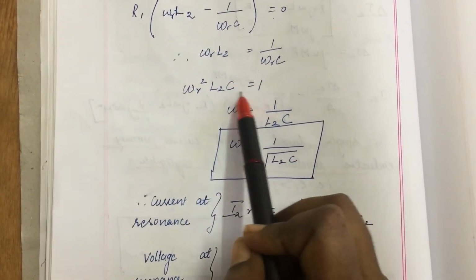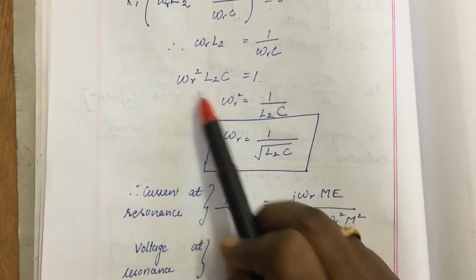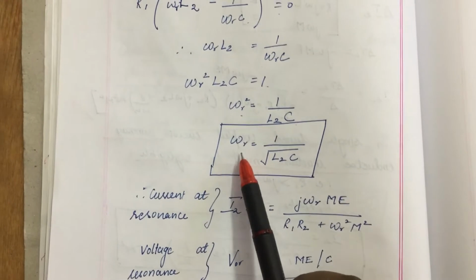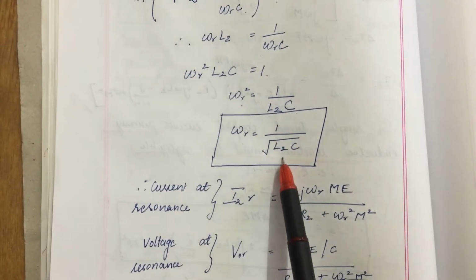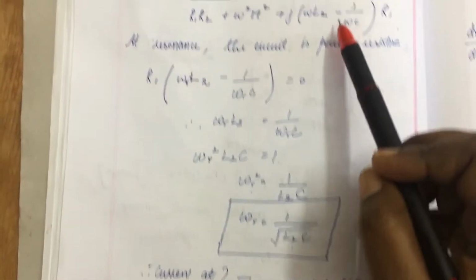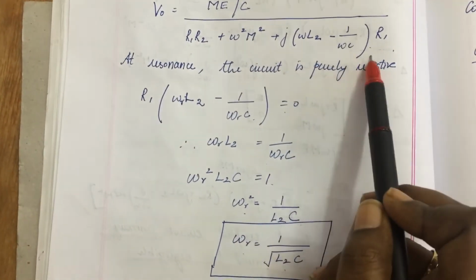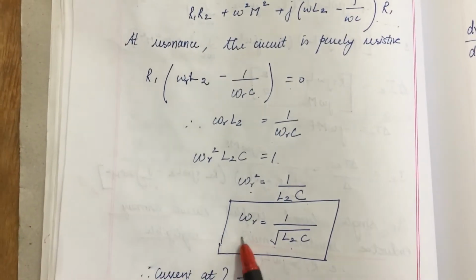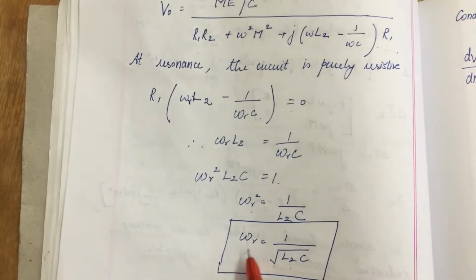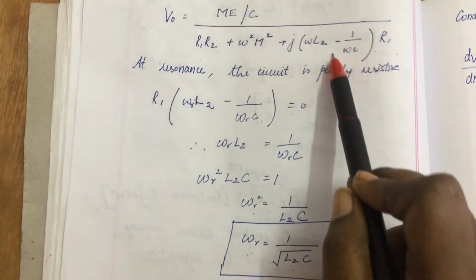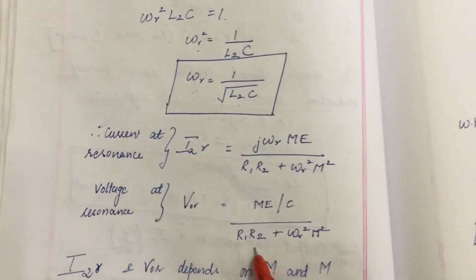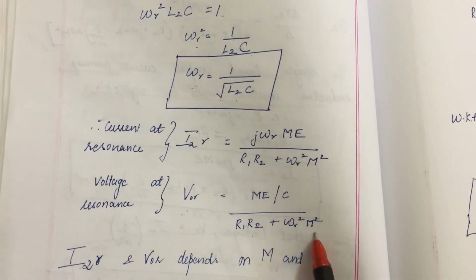By cross multiplying this, the equation becomes like this. So from here, omega R square is equal to 1 by L2 C. Therefore omega R is equal to 1 by root of L2 C. By substituting this value in my V0, for this entire term I have got omega R. So my new V0 voltage at resonance becomes M E by C R1 R2 into omega square M square.